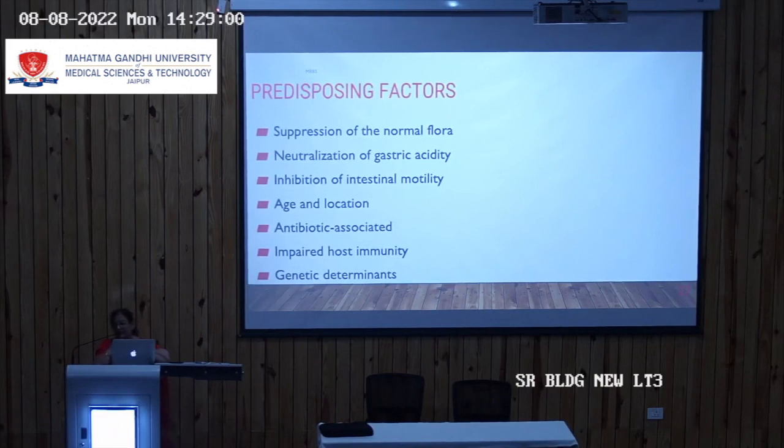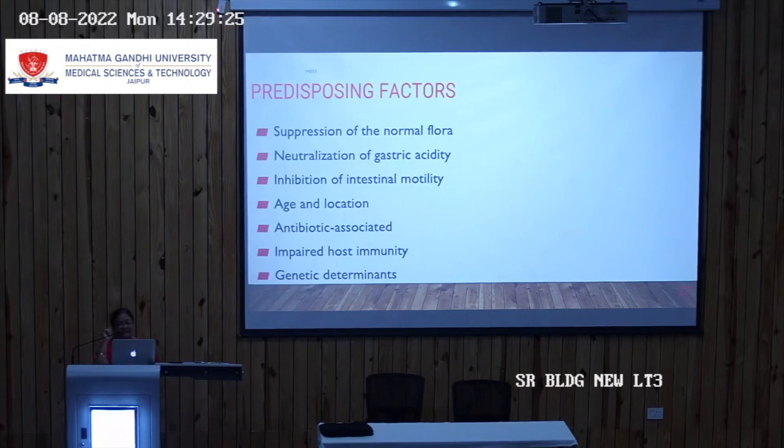Some people take antacids regularly, so the pH of the stomach is more than the required. Then there are certain people who have achlorhydria, and in such cases there are organisms which will cause gastroenteritis.